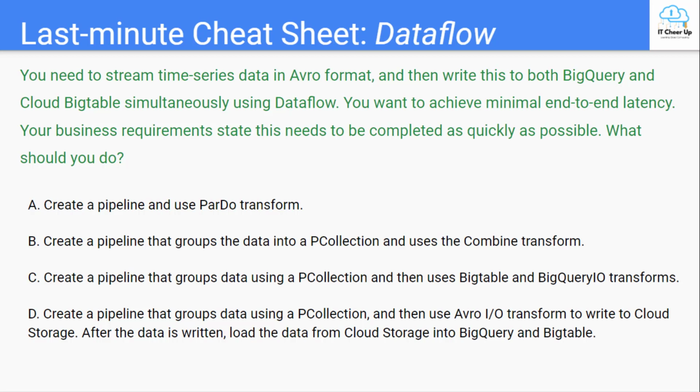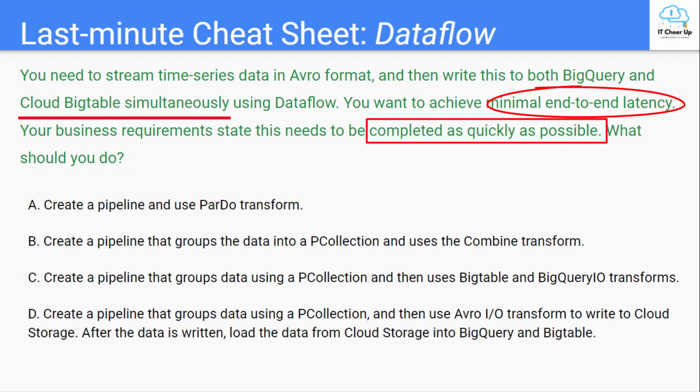How about this one? Pause the video and try to answer it yourself. Ready for the answer? I highlight the keywords of this question. Write this to both BigQuery and Bigtable simultaneously. Minimum end-to-end latency, to be completed as quickly as possible.